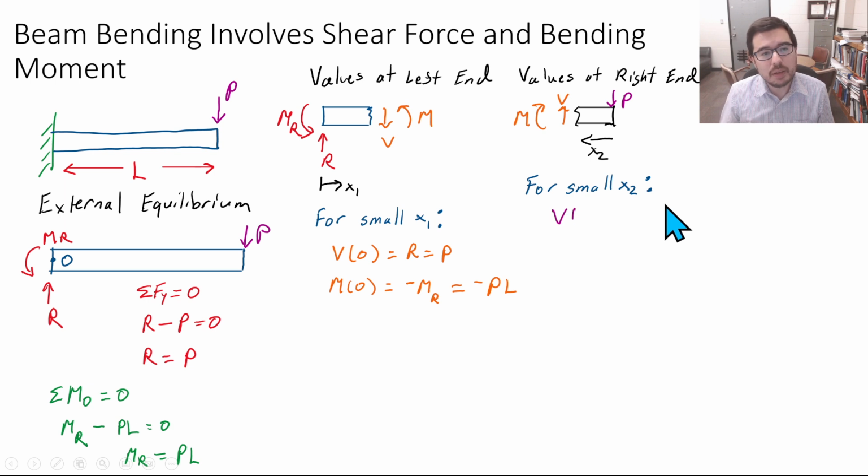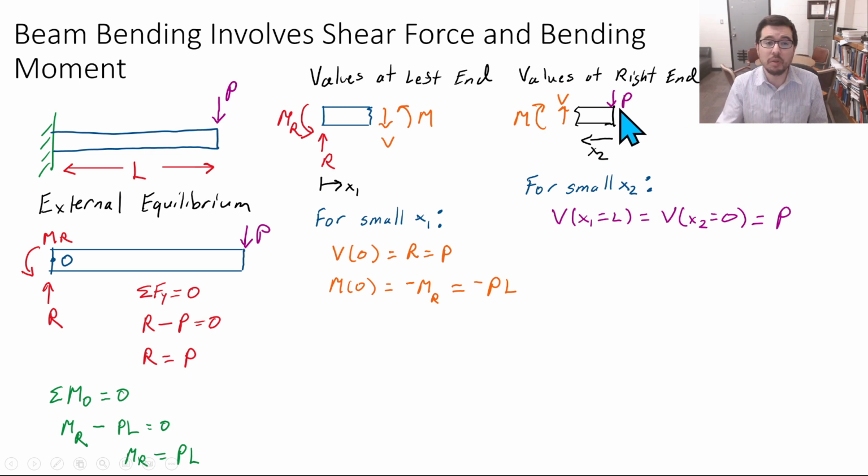So at the right side, what we have here is an opportunity to equate this internal shear force to whatever vertical loads are on it. It's a free end, but it has P acting on it. So maybe it's not quite that free.